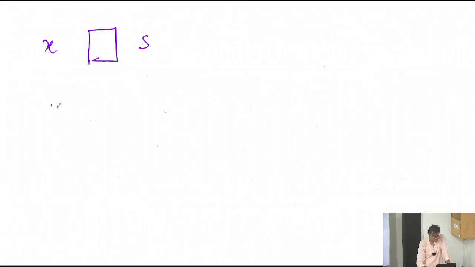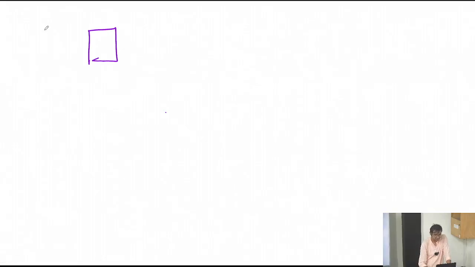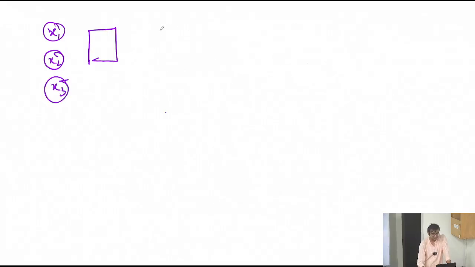So, just to write it properly, you have x1, x2, x3, the same thing, right? You have s1, s2, s3.